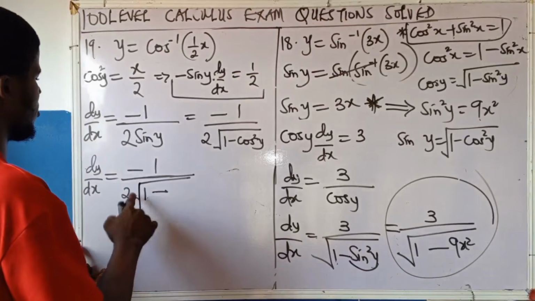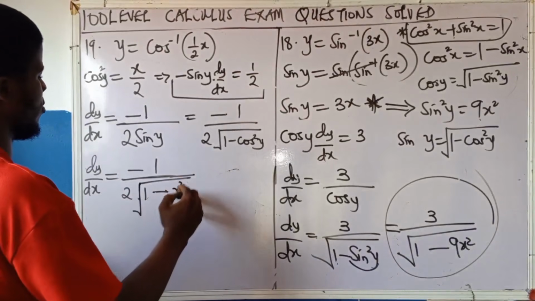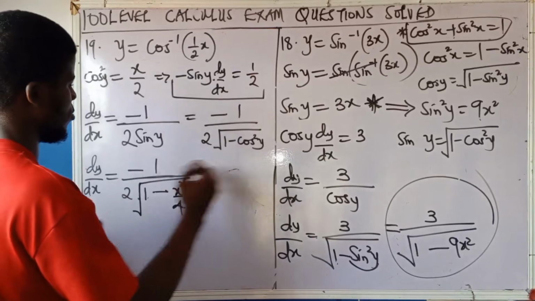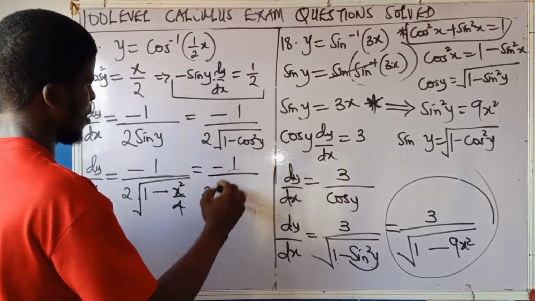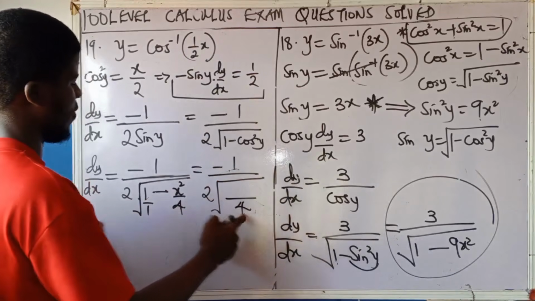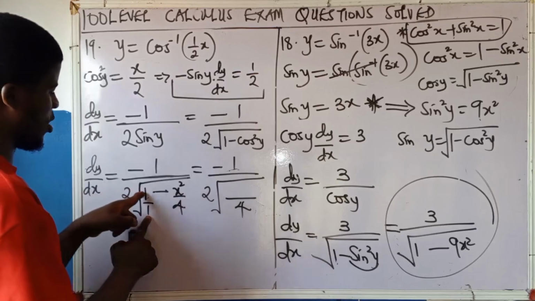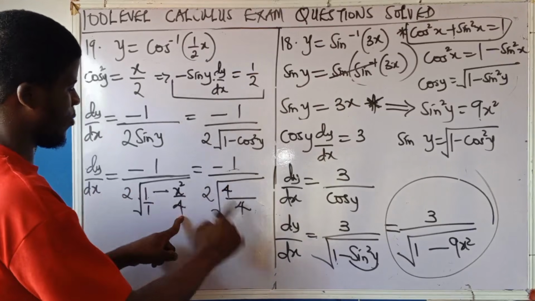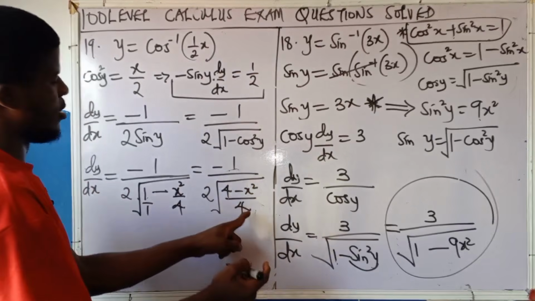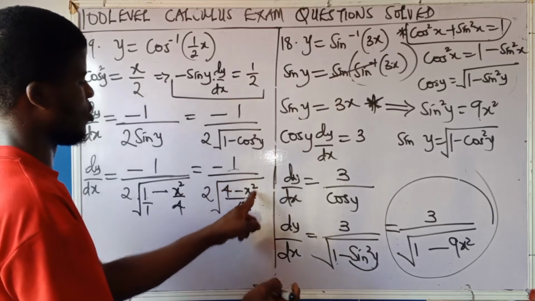So I should be writing x squared over 4. Let's take LCM now. This is minus 1 over 2 into the square root. This is over 1. LCM is 4. 4 divided by 1 is 4, 4 times 1 is 4. 4 divided by 4, 1 times x squared is x squared. So what happens? This is the square root of 4 minus x squared over 4.